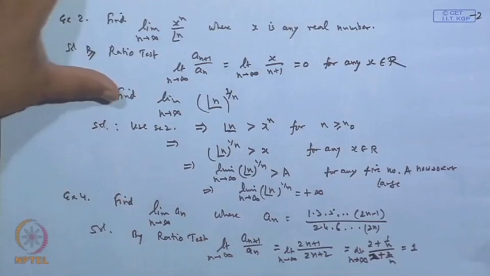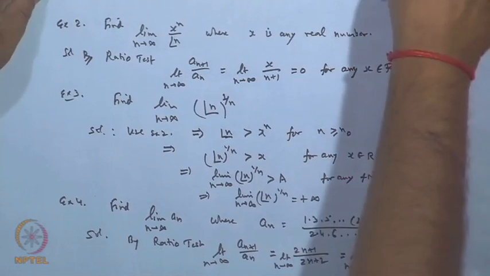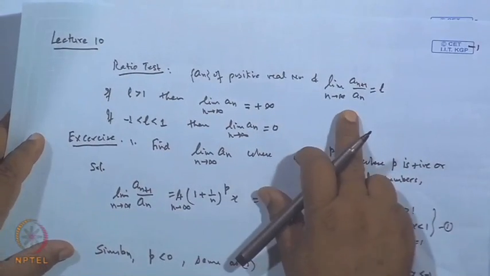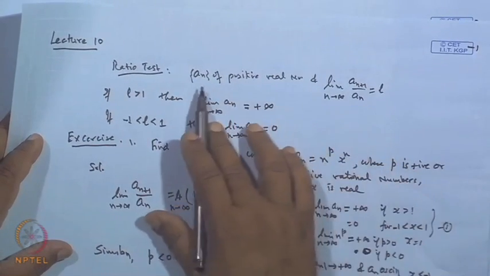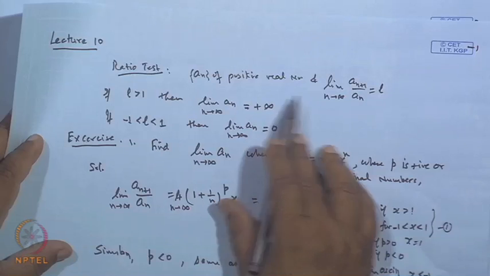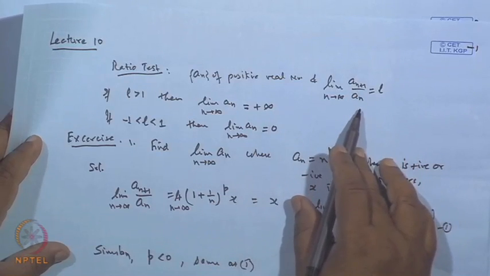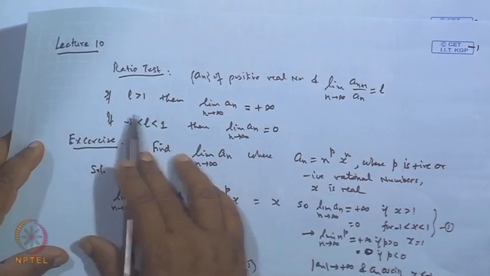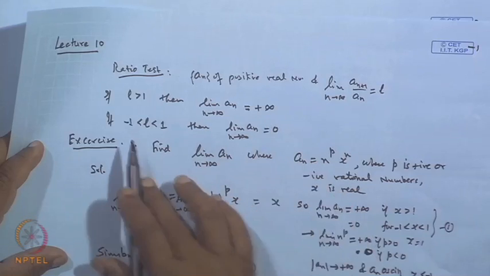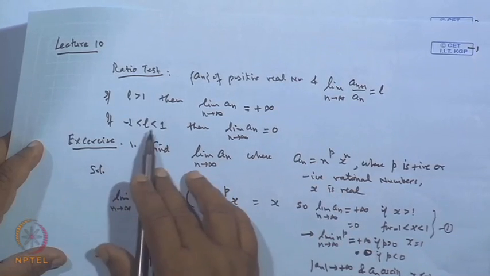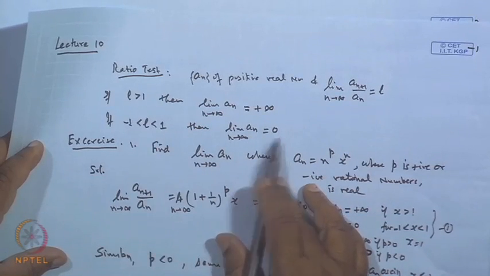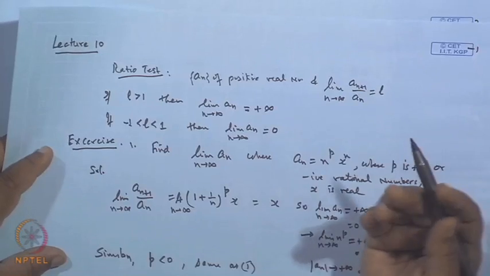Now, what does the ratio test say? The ratio test says that when a n is a sequence of positive numbers such that the limit of a n plus 1 over a n is L, when L is greater than 1, the limit will be plus infinity. When L lies between minus 1 and 1, the limit is 0. But it does not say anything about L equal to 1.